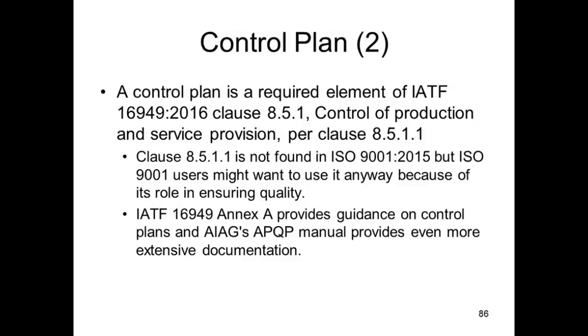IATF 16949 Annex A provides guidance. The APQP manual provides even more extensive documentation, and the Stamatis reference also talks about control plans. And I think I also cited that free downloadable one from Cooper Industries a while ago. Lots of information available about control plans.